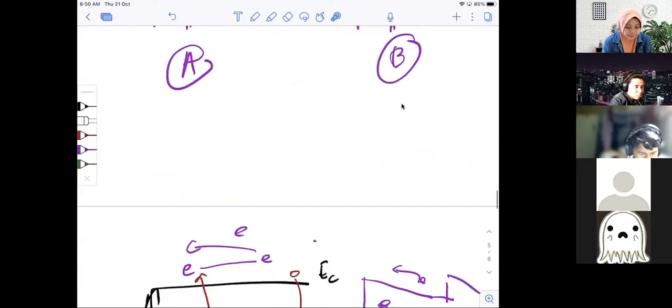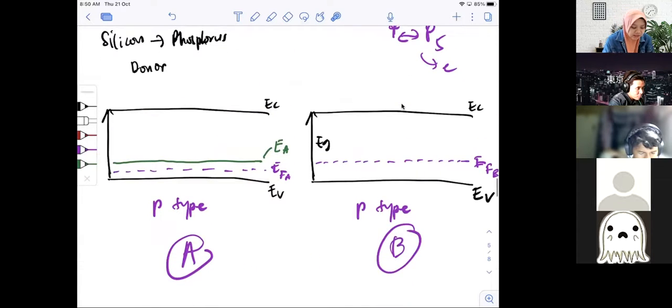However, this drawing of the band gap is actually a simplistic representation of the energy band diagram. If you look at the real energy band diagram, it looks like this.